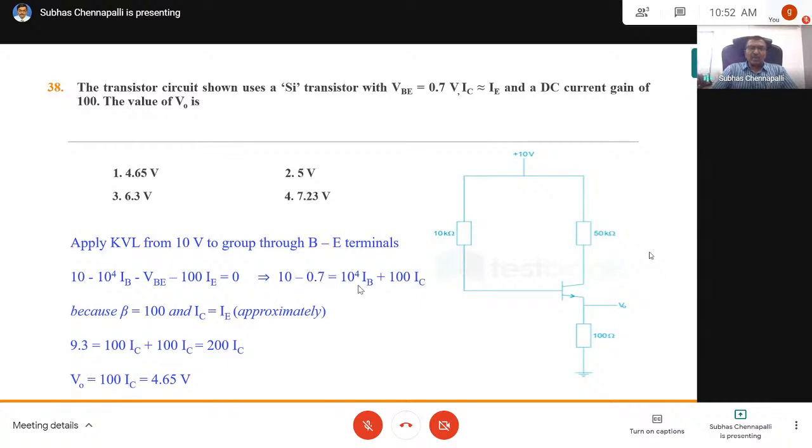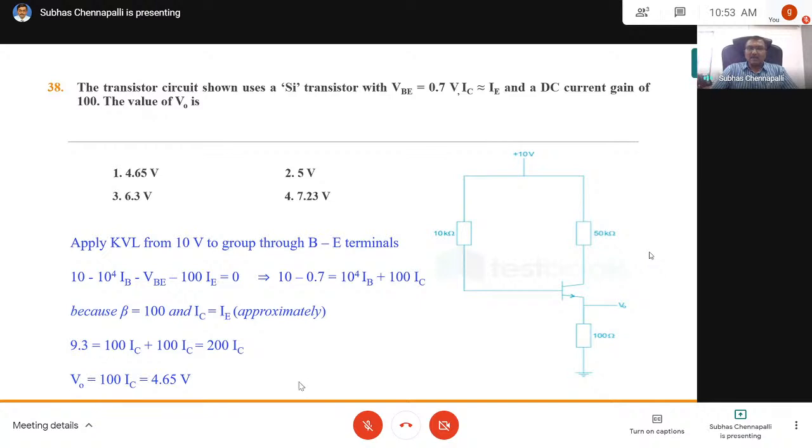What I do is convert it to IC, meaning IB is IC by beta. So I will get 100 IC plus 100 IC, so 200 IC. Then IC is equal to 9.3 by 200.